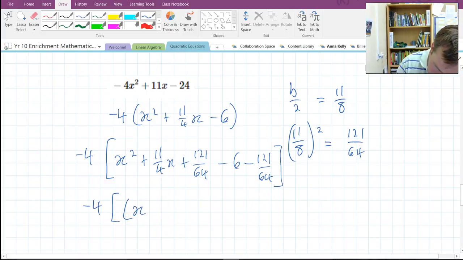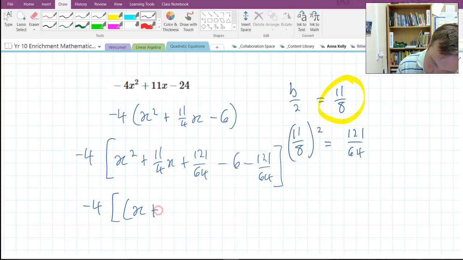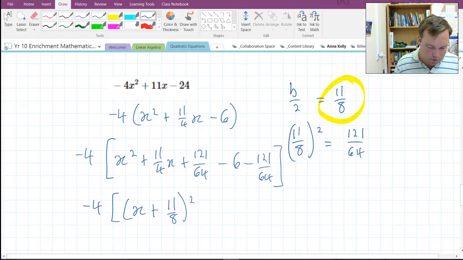Now note this here was what we added on, plus 11 on 8 squared. Then somehow we have to do negative 6 minus 121 divided by 64. Nothing is pretty.